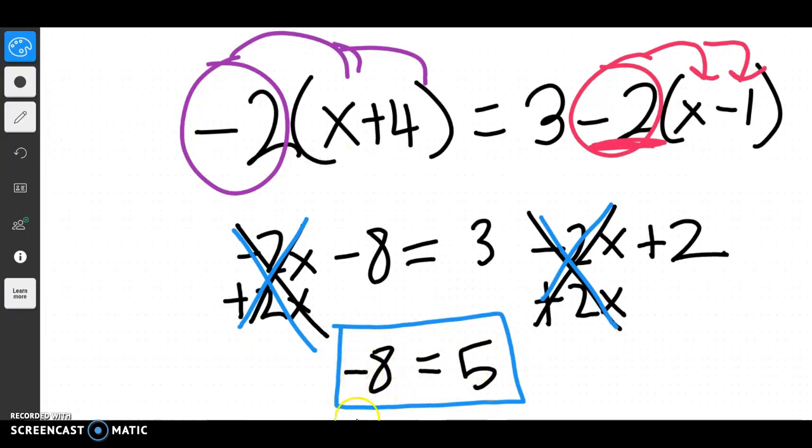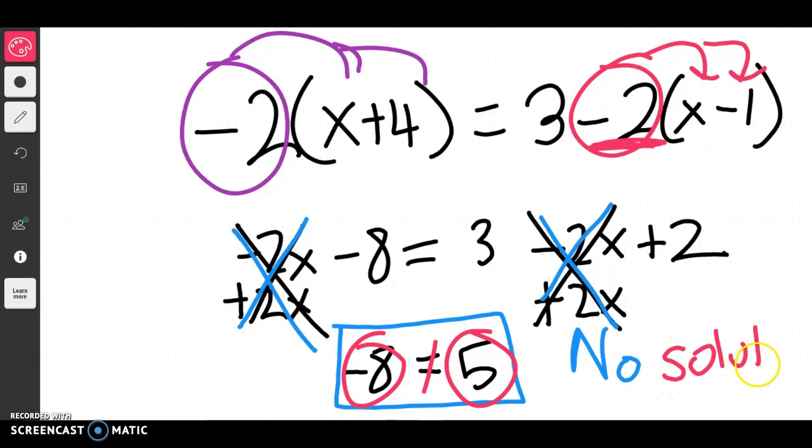Now with this answer, what I want you to do is think in your head, does this answer make sense? And you should say, no. Negative 8 is definitely not equal to 5. So because those things are not equal, we say this answer has no solution.